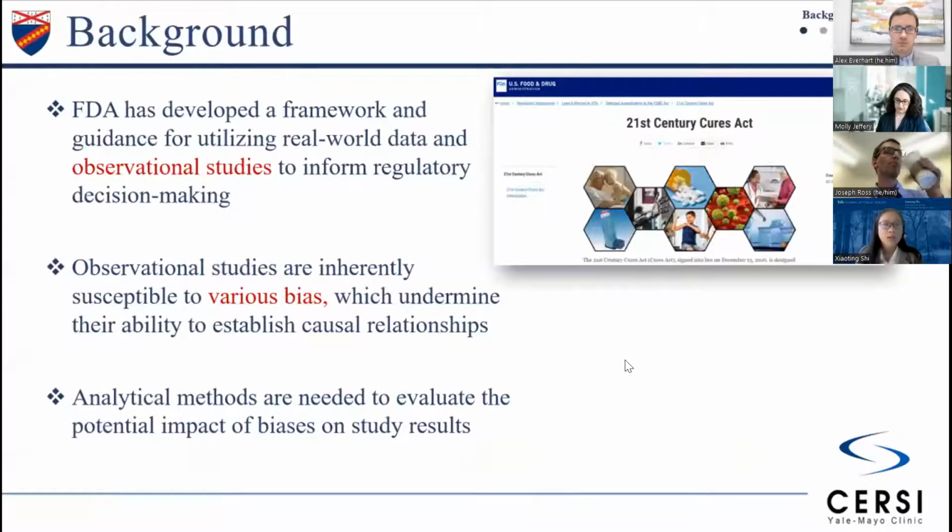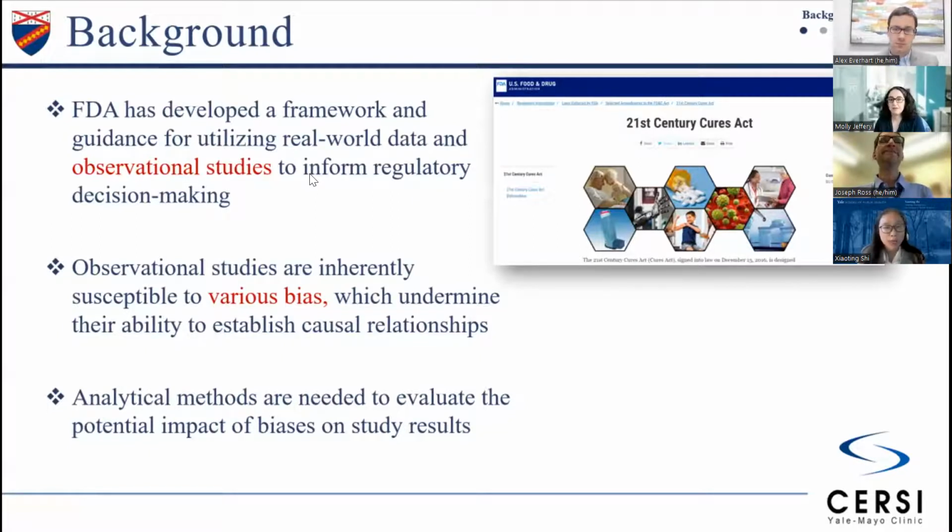So I wanted to talk a little bit about the background of our study. Over the past few years, the FDA has developed a framework and guidance, including the 21st Century Cures Act, for utilizing real-world data, which includes data from electronic health records, claims data, billing data, etc., and observational studies to inform regulatory decision-making.